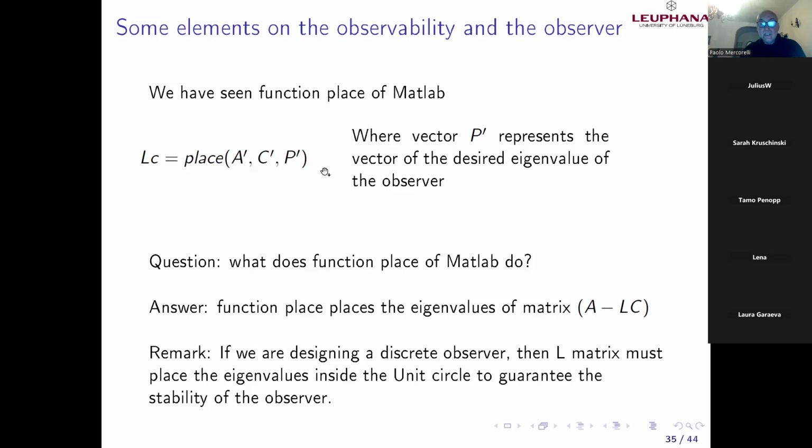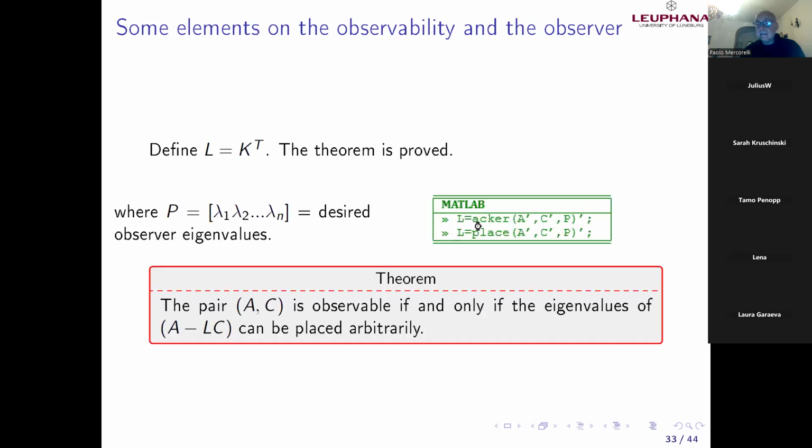And then using this structure here, I can place, if the system is observable, the eigenvalues, and I can place them calculating the matrix L, which basically is the solution of a linear algebraic system.